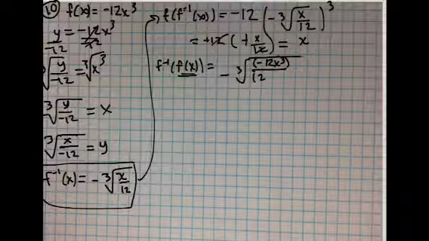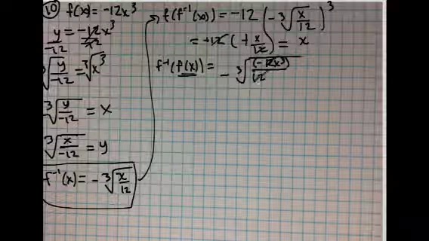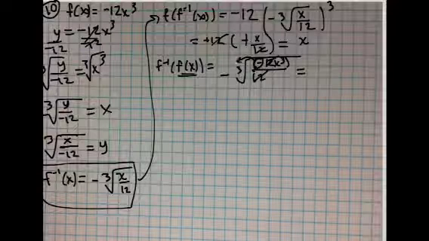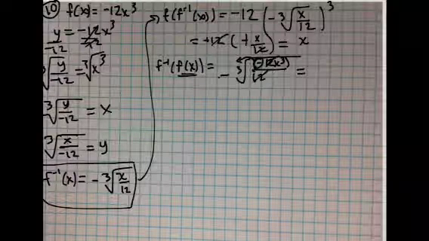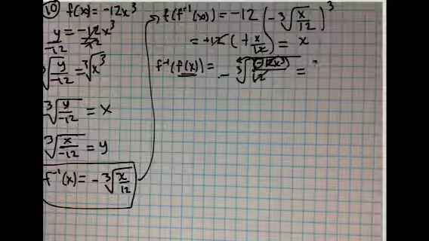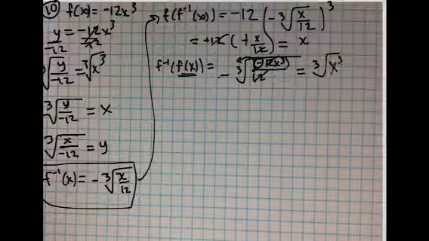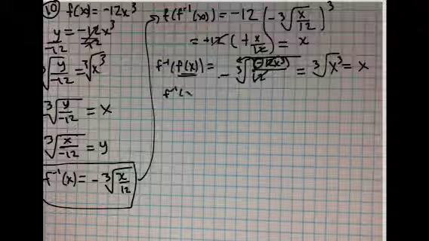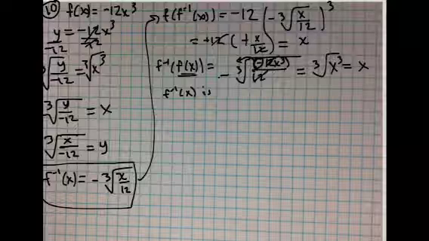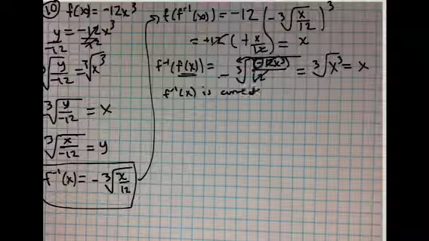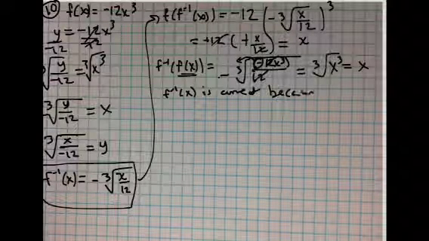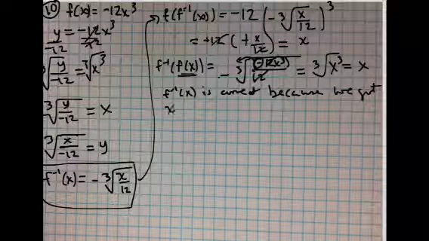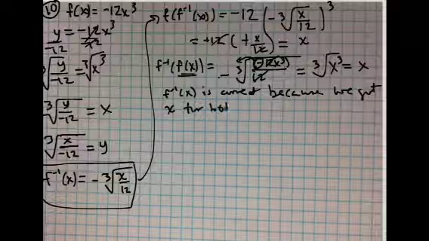Okay, so now what do I have? 12 over 12 is 1, and then I can take out this negative outside, and I have a negative outside, so negative times negative is positive, so then that leaves cube root of x cubed, which is x. So f inverse of x is correct because we got x for both compositions.